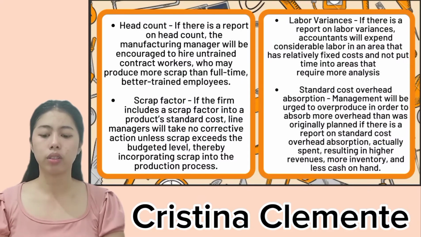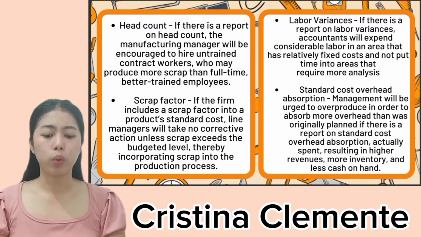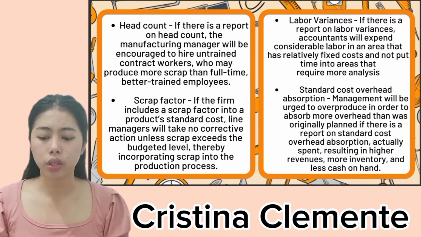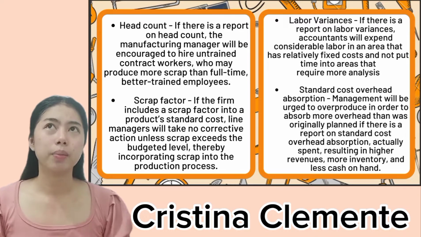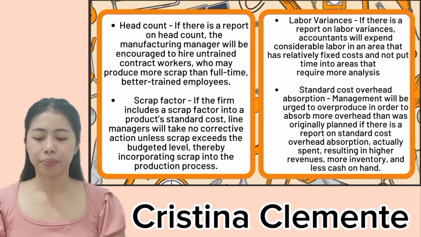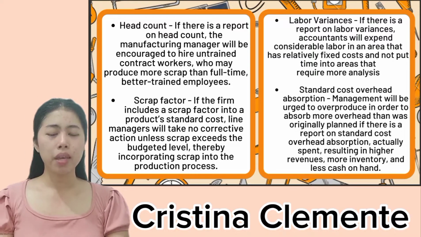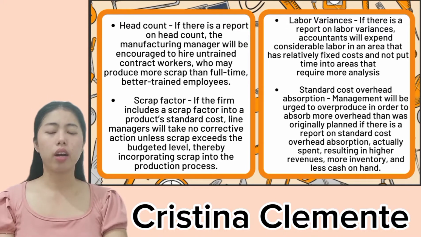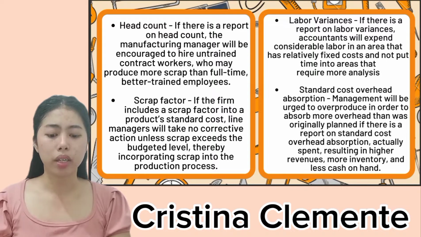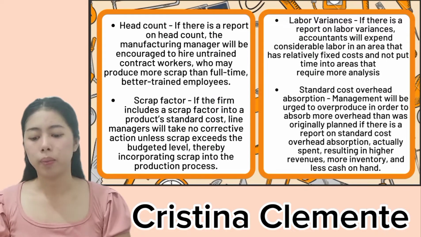Next is headcount. So that means simply the number of people who work in an organization at a particular time, or simply employee tracking. So next is scrap factor, meaning it is the quantity of products that businesses generate that are wasted as a result of manufacturing or production errors or problems.